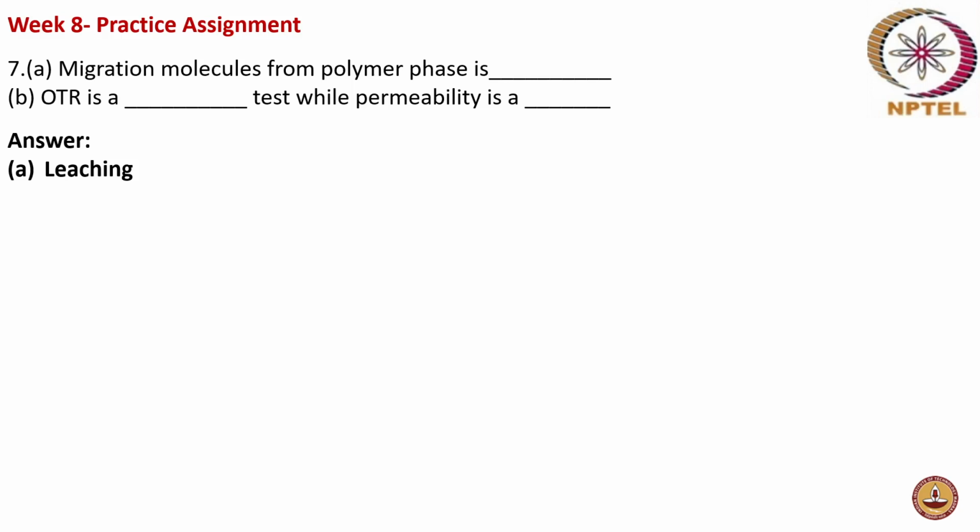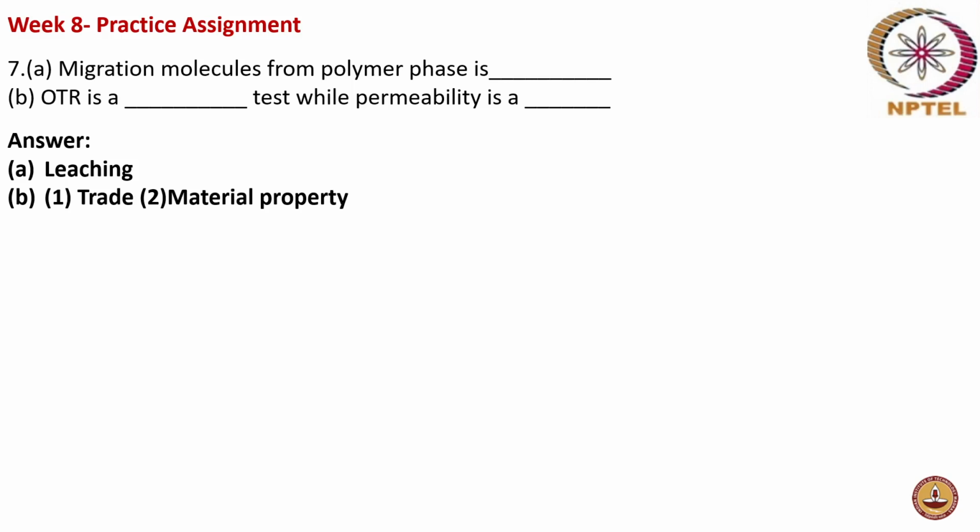No, no, ma'am. I don't know, ma'am. Okay. Oxygen transmission rate is actually a trade test, whereas with permeability also you can identify how much oxygen permeates through, for example, a particular polymer. But this permeability is a material property, whereas oxygen transmission rate is a trade test.